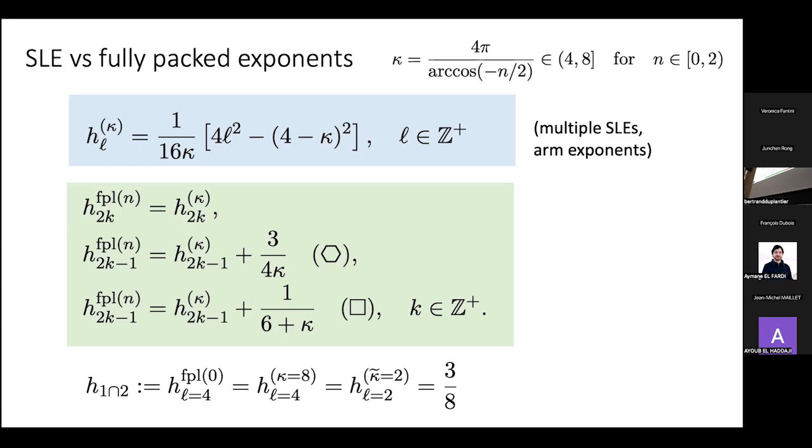We knew how to calculate this in the 80s. Anyway, so this is the general formula. Multiple SLEs are also called arm exponents for SLE.